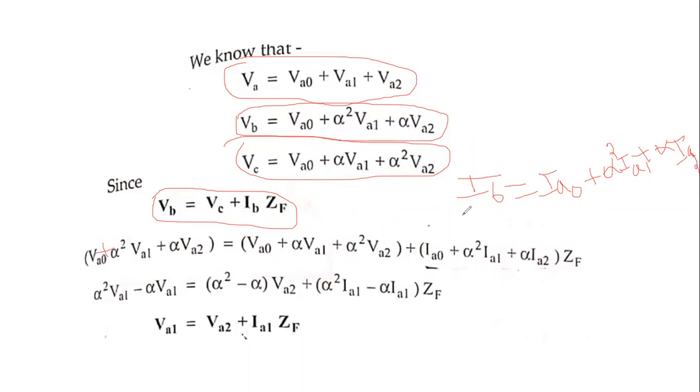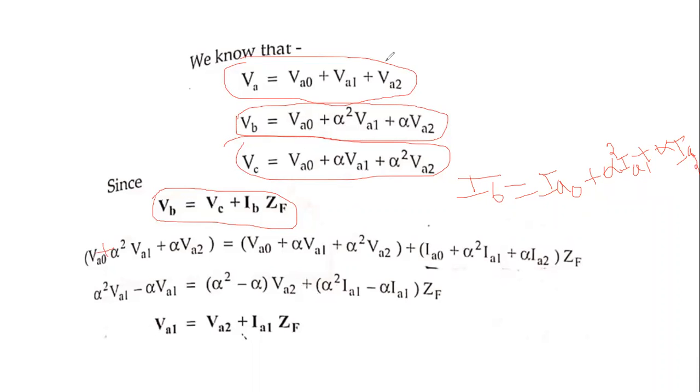This is the formula for IB. We substitute IB in this equation, giving IA naught plus alpha square IA1 plus alpha IA2, into ZF. Then we simplify this equation and obtain alpha square VA1 minus alpha VA1 is equal to (alpha square minus alpha) VA2 plus (alpha square IA1 minus alpha IA1) into ZF.